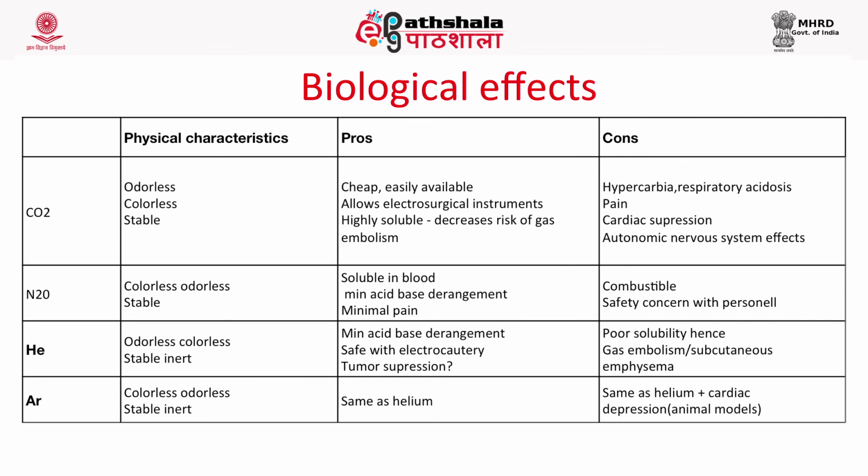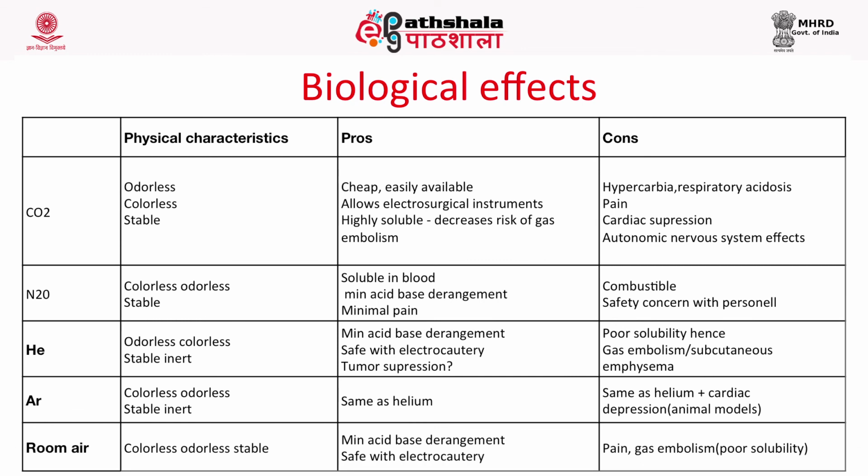Now, discussing last is room air. It needs to be discussed because that was the first gas that was ever used in laparoscopic surgeries. Initially, sphygmomanometers, the BP machines, were used to inflate gas into the abdominal cavity. The properties of room air are mainly due to nitrogen, because 70% of the gas is nitrogen. So it's colorless, odorless, and stable, as we all know it's around us.